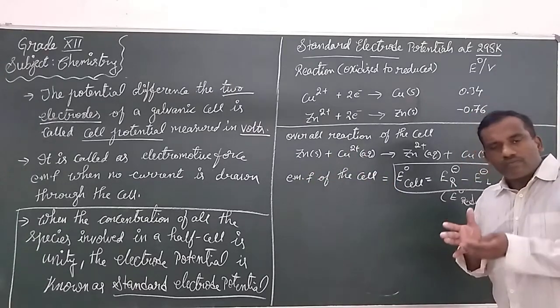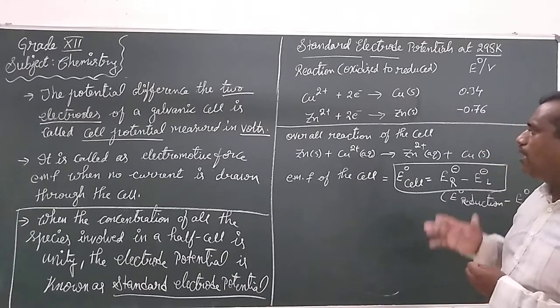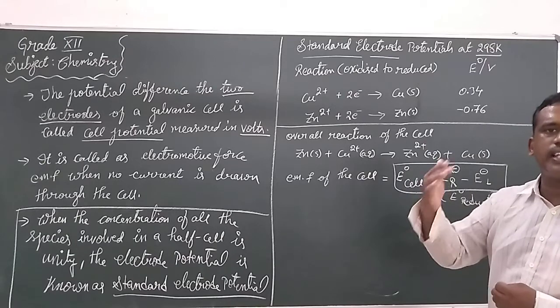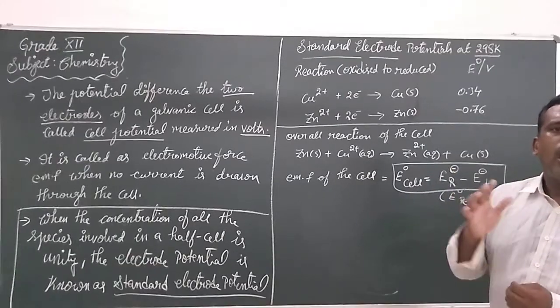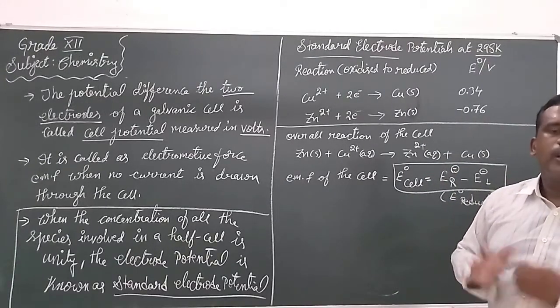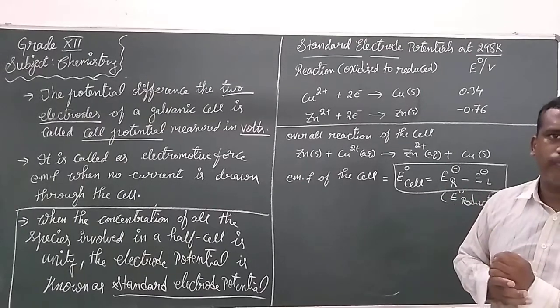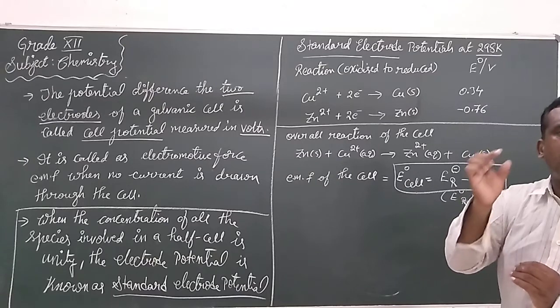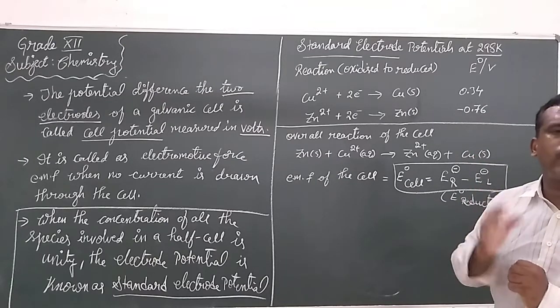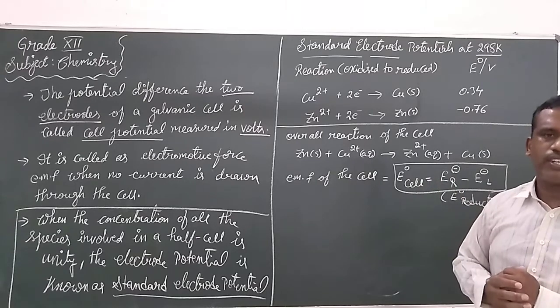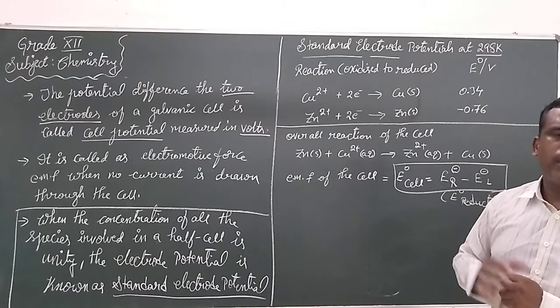See here, we already mentioned when the zinc rod is immersed in the zinc sulfate solution of one molarity, they are in a standard form. And the so-called electrode potential, we call it a standard electrode potential. I am repeating once again.